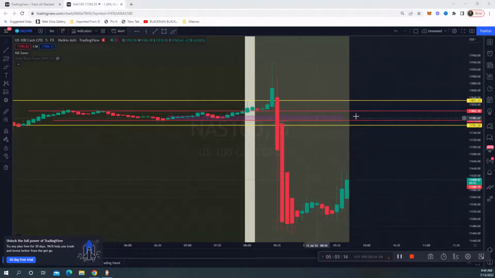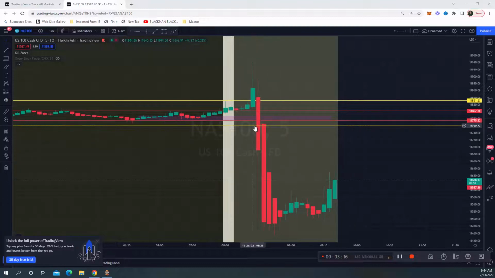As you can see, I have the NAS 100, and I've already had a supply and demand zone set up right here. Because everything is moving sideways here, I had set up my horizontal rays for the breakout.